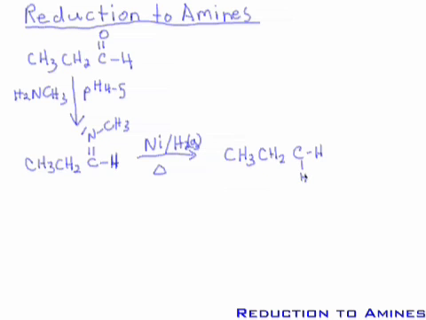If we do that, what did we get? We've gotten an amine. So what you see is that we can reduce to amines through a two-step process. One, reaction with some kind of amine. Now, this would even work with secondary amines.